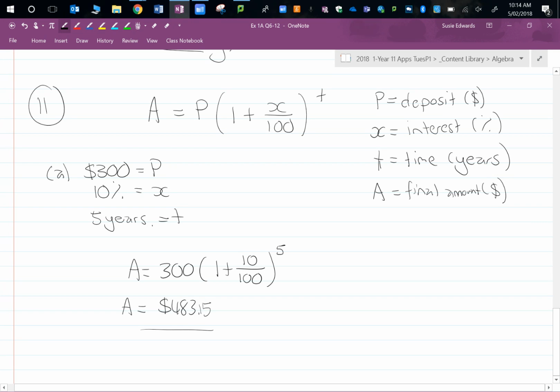Now, when we come to money, we always round to 2 decimal places, so to a single cent. Think about if you go to Woolies, something can be charged $9.98, even though you pay a different amount if you're paying in cash. If it went on your credit card, it would still be $9.98. So anything money goes to 2 decimal places.